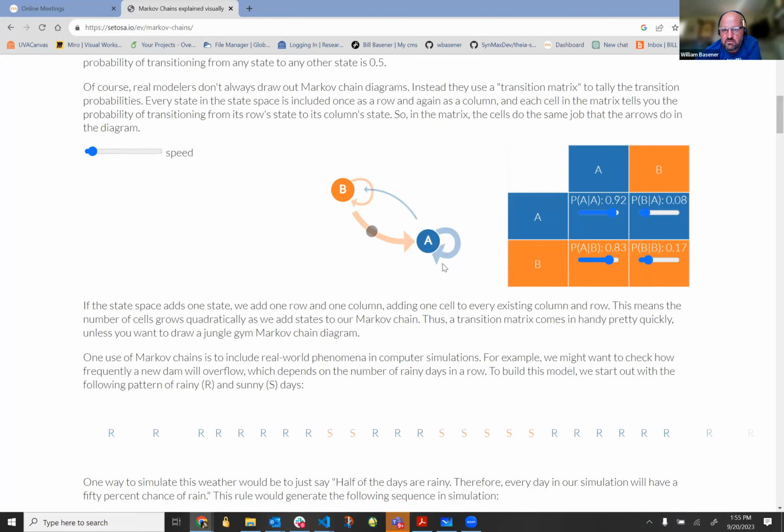We could have a system that's much more likely to switch than stay in the same state. Just playing around with these, as before we'd get a lot of R's or blue.